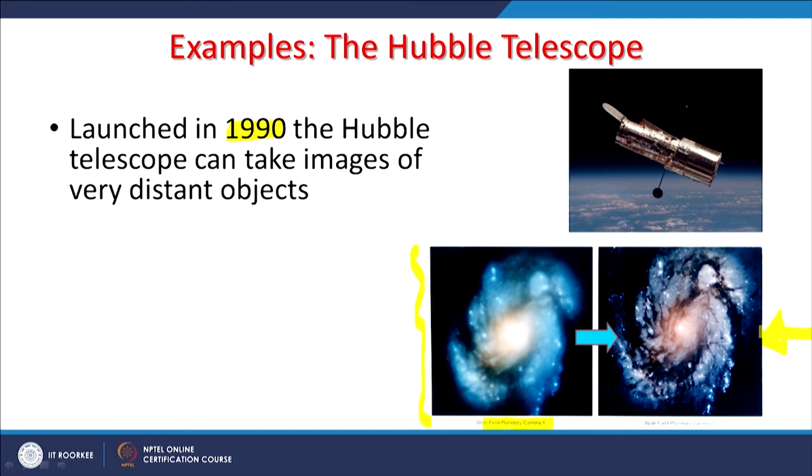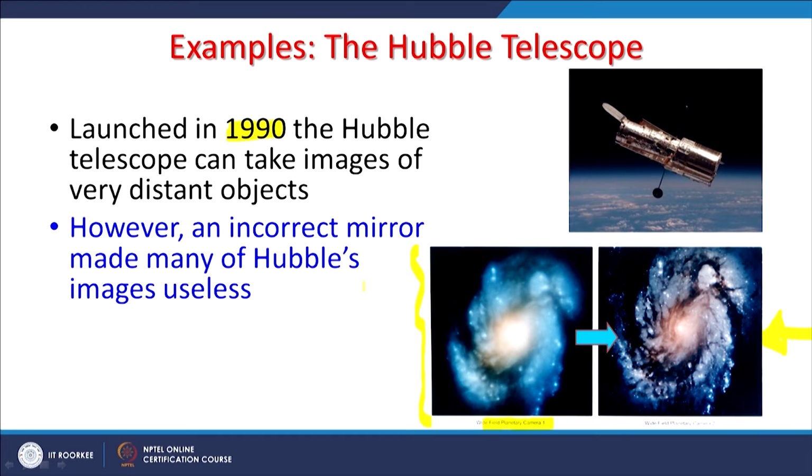Because it is not possible to correct that focusing problem, and it was not possible again to launch another telescope like the Hubble telescope. So, whatever was coming through this telescope, these images were then subjected to image enhancement, and the quality and interpretability of these images was improved significantly.